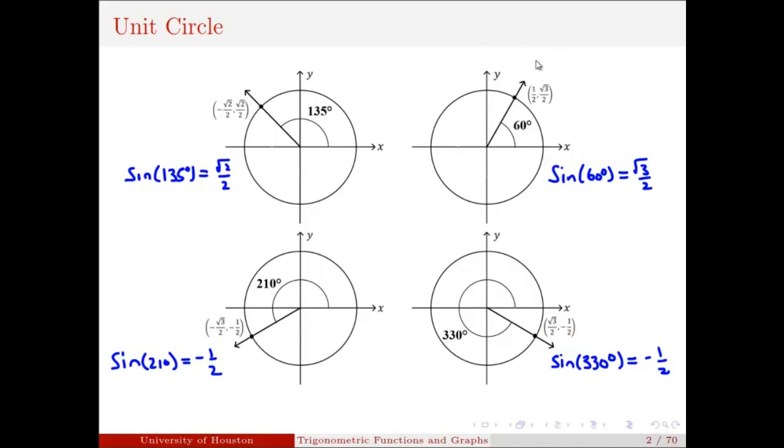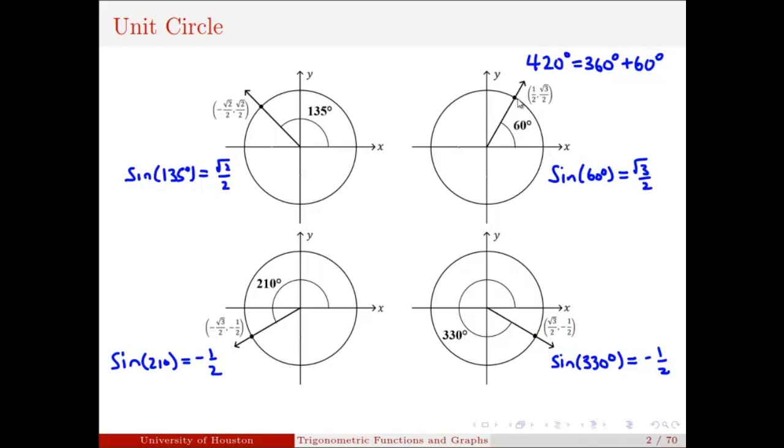We can even define the sine of an angle which is larger than 360 degrees. For example, 420 degrees is 360 degrees plus 60 degrees. We find the point on the unit circle corresponding to 420 degrees by starting at 0 degrees, then going 360 degrees counterclockwise, followed by another 60 degrees counterclockwise.